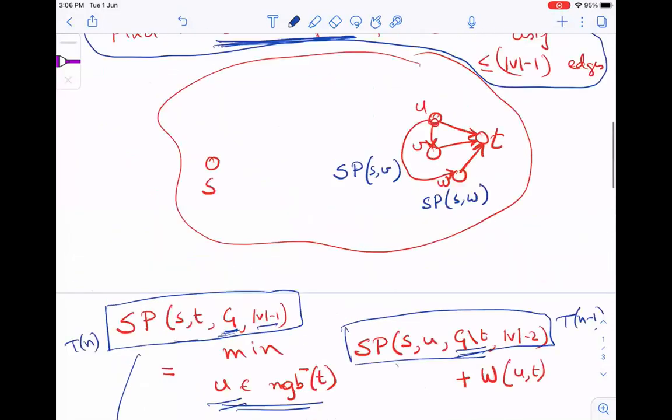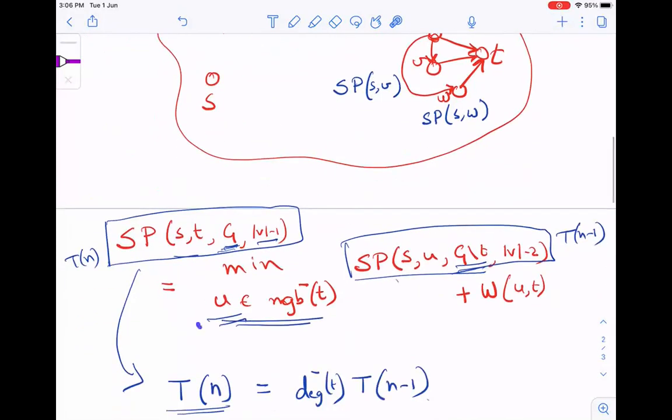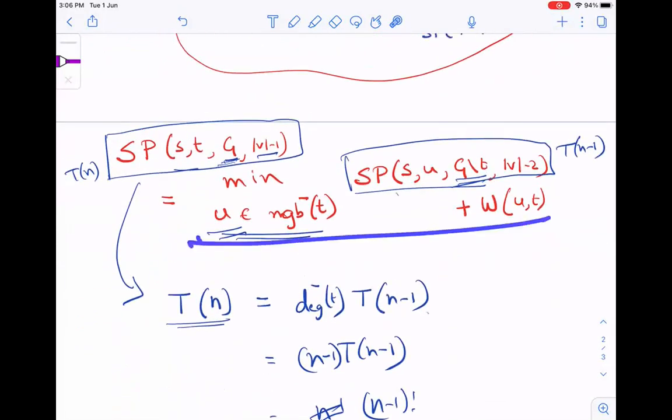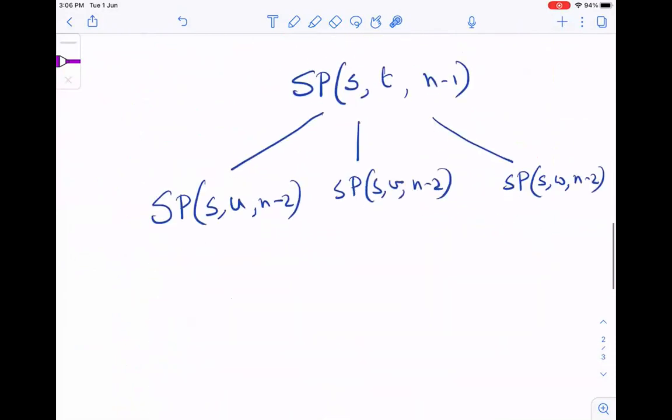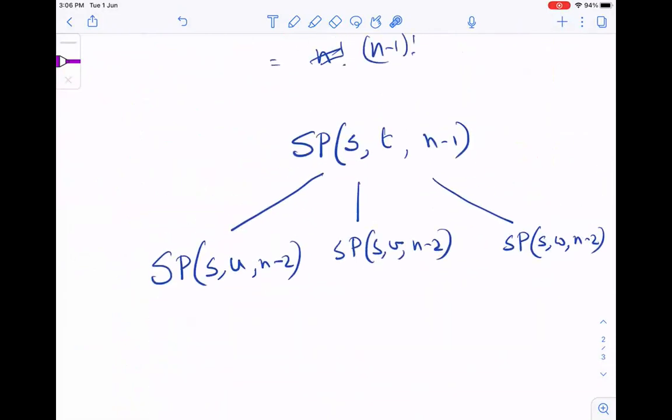So I want to compute the shortest path from here to here, and I am going through all the possible 3 in neighbors of T that I'm going to call, right? And how I'll do it, I'll take the minimum over all of them. So the minimum over all of them will give me this result.